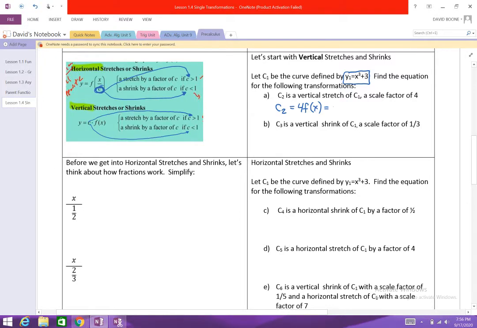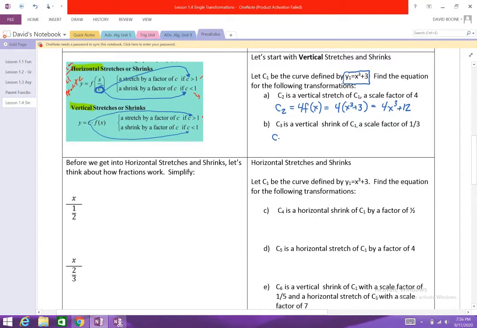Then I can say 4 times what f of x is, which was x to the third plus 3, and then you could distribute. Okay. So that is our equation. C2 equals 4x to the third plus 12 would demonstrate a scale factor of stretching vertically at 4 times what this equation is.